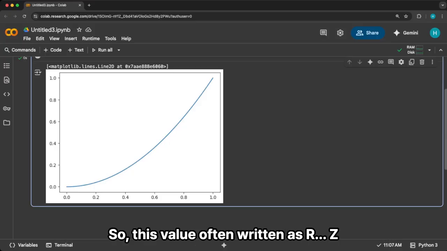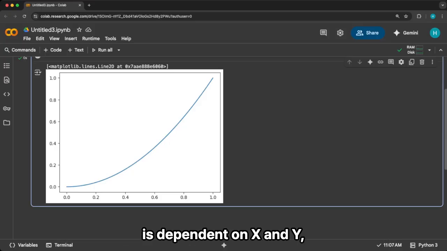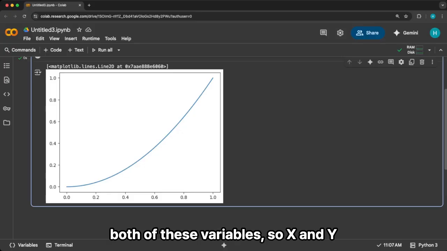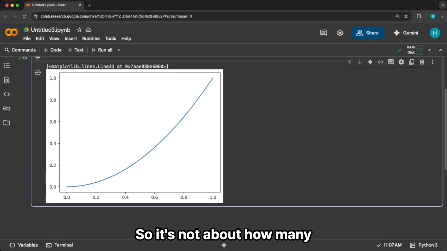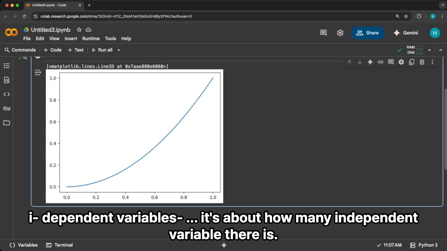This value, often written as x, y, z, depends on x and y, both of these variables. So x and y now are independent variables. Two variable functions means that there are two independent variables. It's not about how many dependent variables, it's about how many independent variables there are.